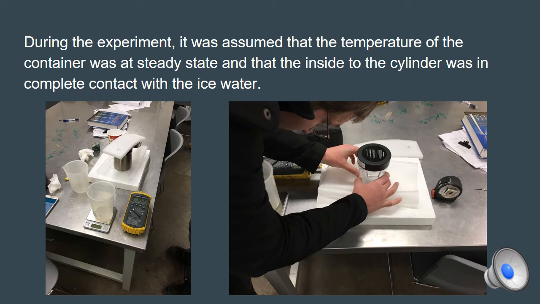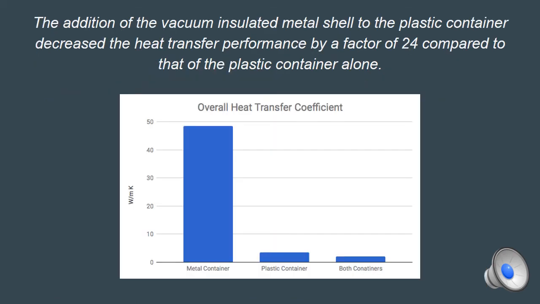Careful handling of the ice block and containers was used as to not disrupt the steady state temperature. In addition to the already well insulated top and bottom of the thermos container, styrofoam blocks were used to better insulate the top and bottom of each container configuration during the experiment in order to ensure the temperature gradient was in the radial direction of the cylinders.